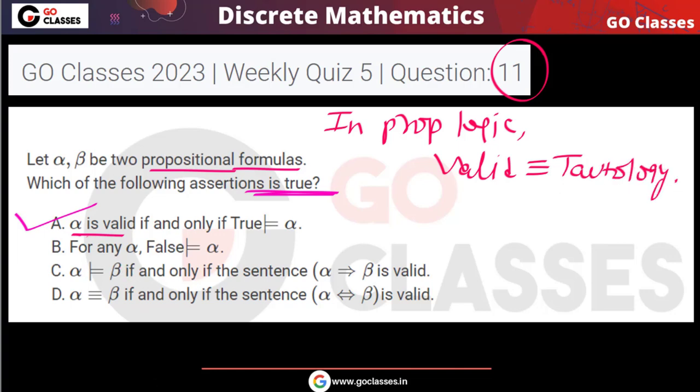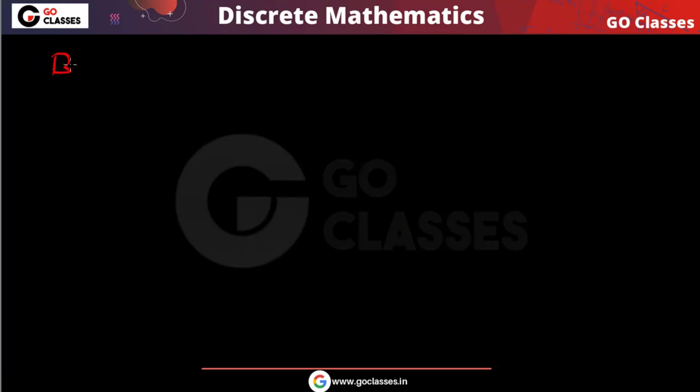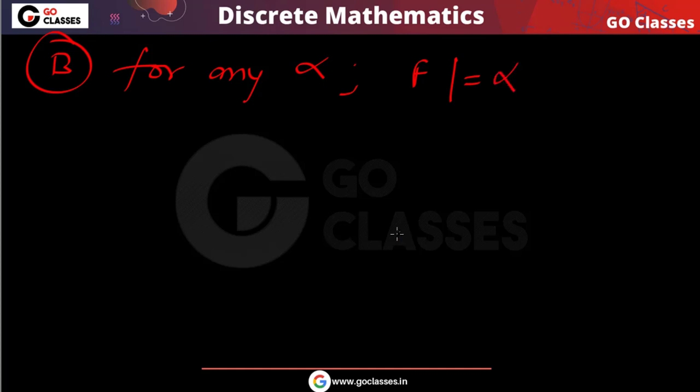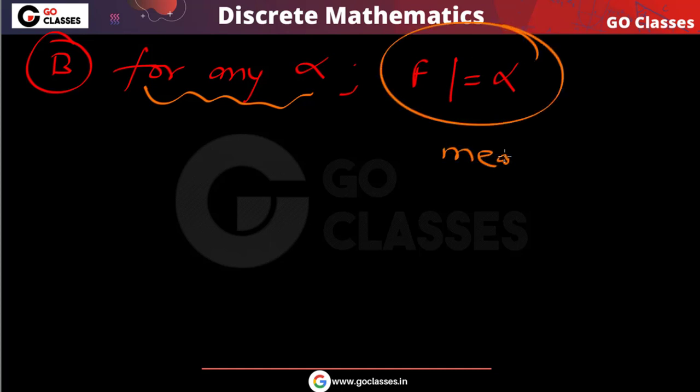Option B, for any alpha, false infers alpha. Option B is saying that for any alpha, whatever alpha you take, false always infers alpha. Is it true? First understand what it means. The question is very simple, but it means that false implies alpha is a tautology.